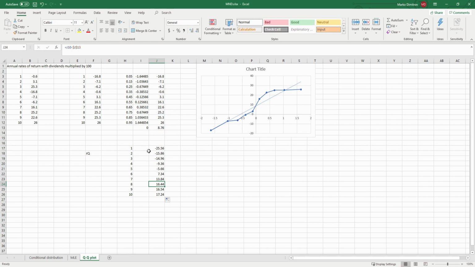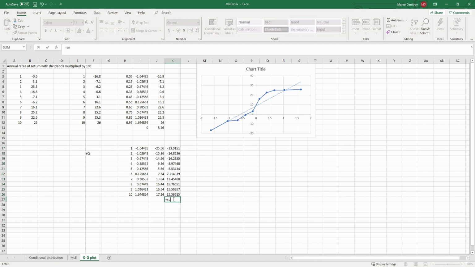We need again those values. Then we need to multiply them. So this is our x_j minus x bar times q_j minus q bar, and we need the sum, right? I will write above what represents what, so you can see.